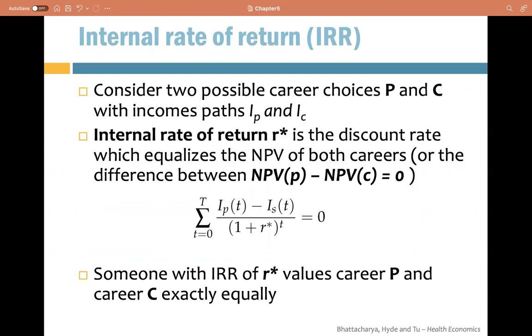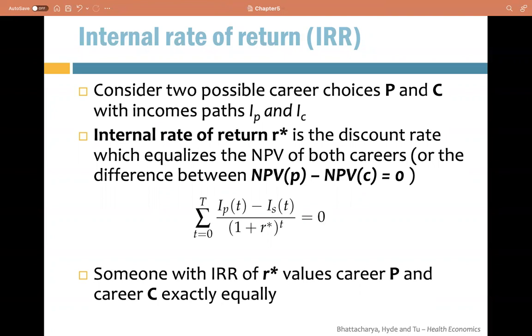All right, so when do people have an indifferent choice between being a server and being a physician? We call that rate the internal rate of return. If your r equals r star, which is the internal rate of return, then you're indifferent between these two careers because they have the same net present value.